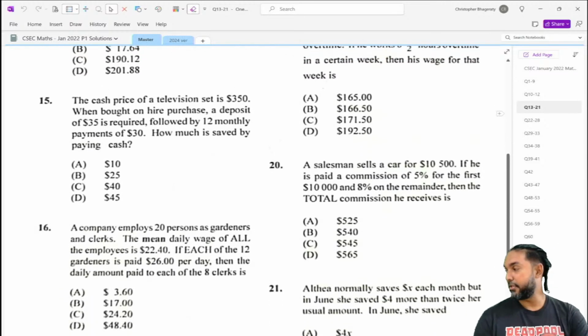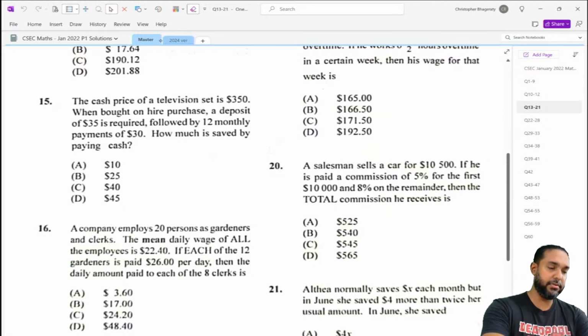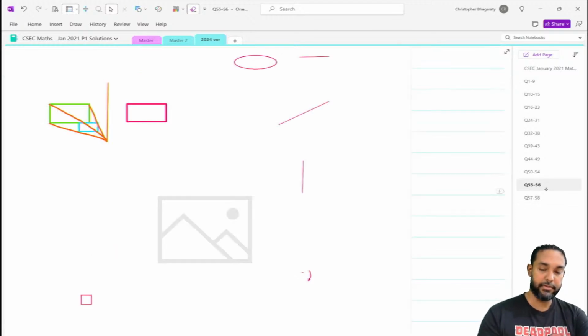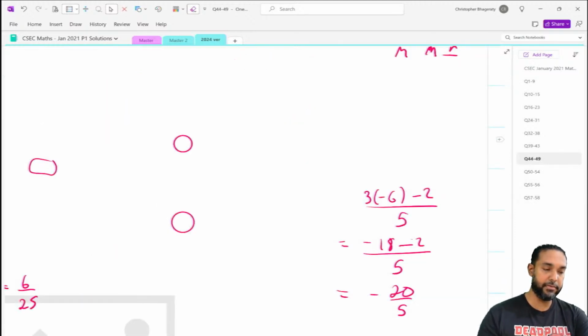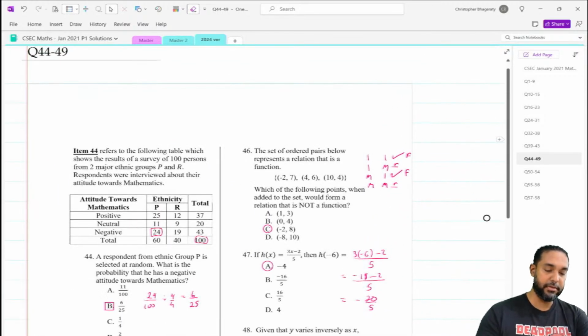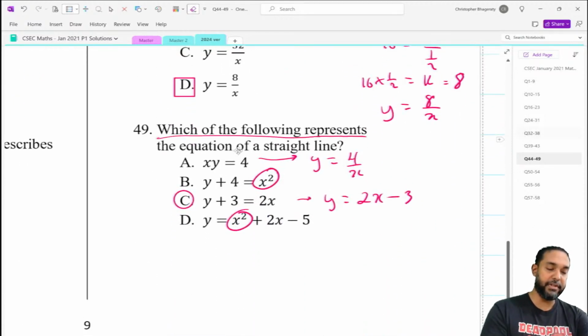Could you go back to the last paper? I have 3 answers I didn't get: 49, 51, 57. Right, 49: which of the following represents a straight line?